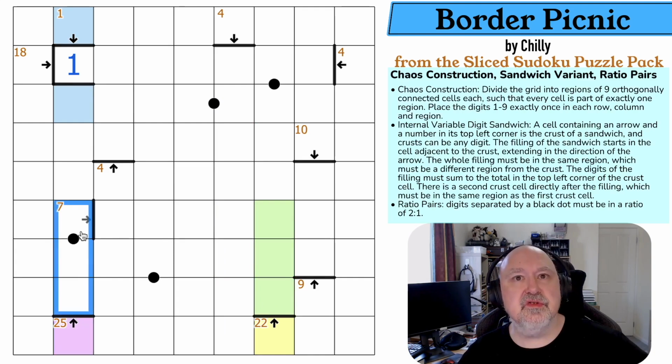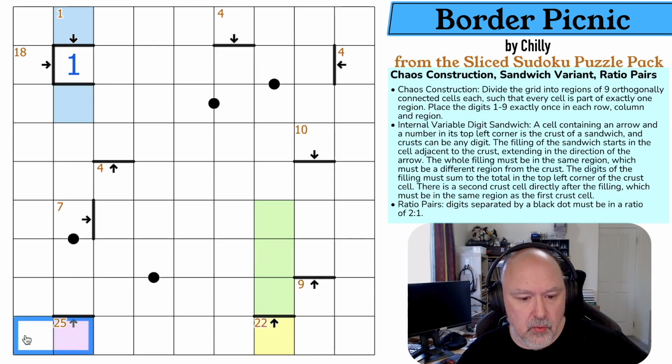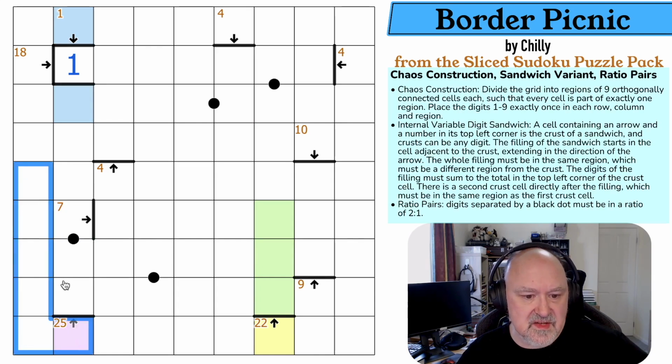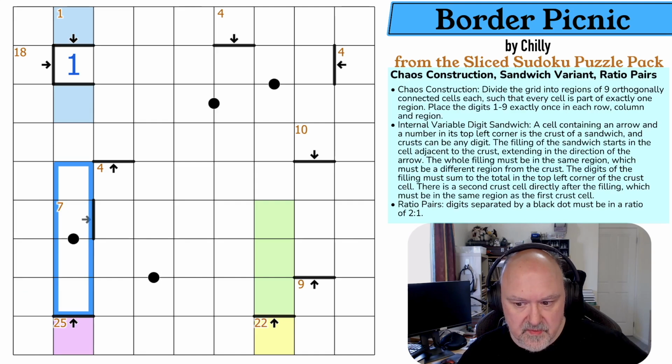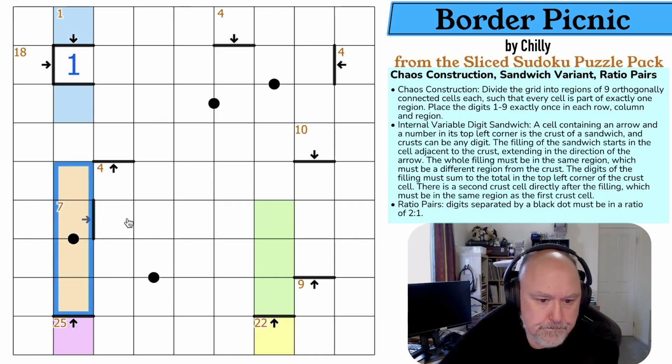You could do 25 in 4 cells, but you can't do it in 3. So this is at least 4 long. Let's make it orange. This is at least 4 long.